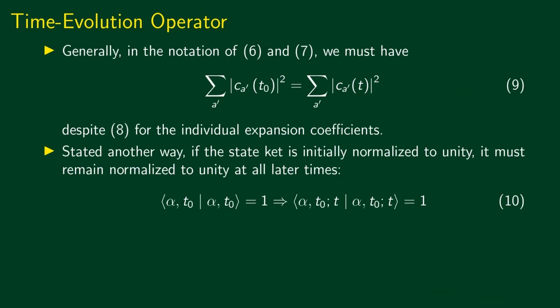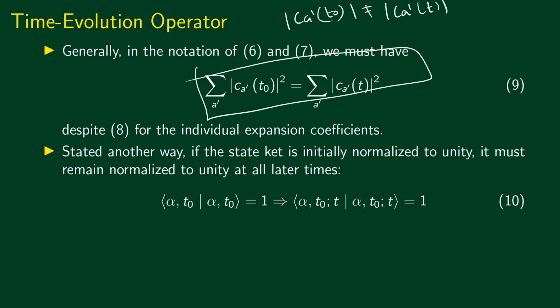So even though we don't have modulus Ca prime of T0 equal to modulus Ca prime of T, we still must satisfy this condition: sum over a prime of modulus Ca prime of T0 squared is equal to sum over a prime of modulus Ca prime of T squared. Now what is this? This is simply the inner product, bracket alpha alpha.